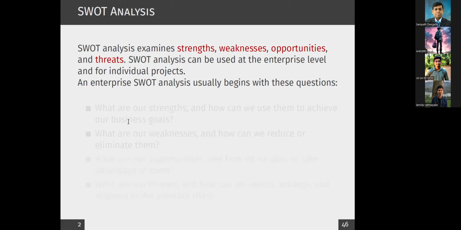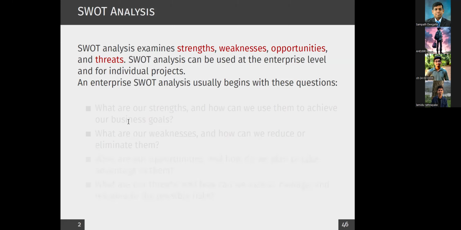When we do this, we use various tools which support decision making. SWOT analysis is one of the techniques we use. S stands for strengths, W for weaknesses, O for opportunities, and T for threats.